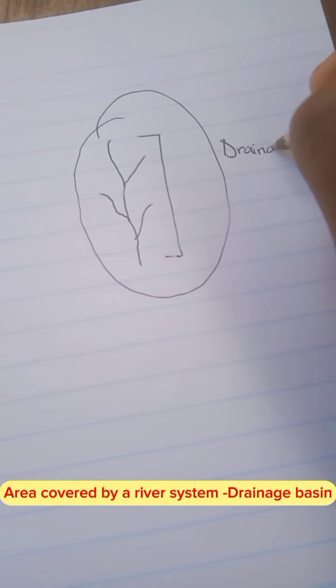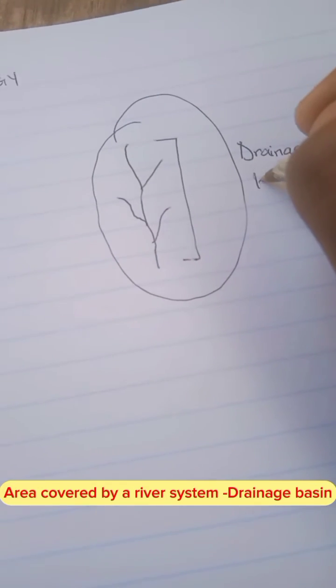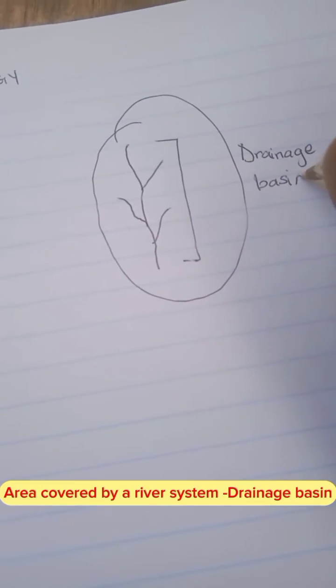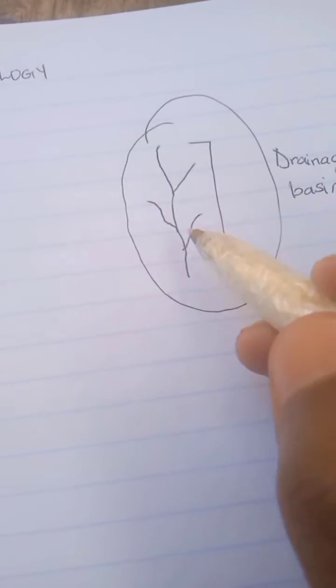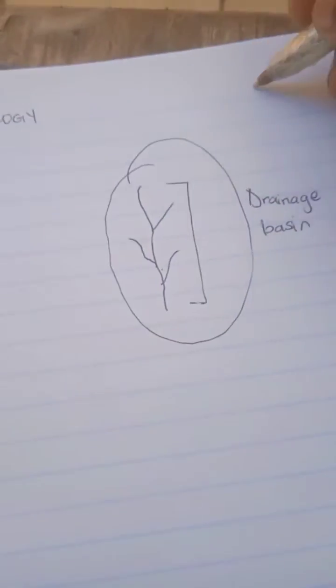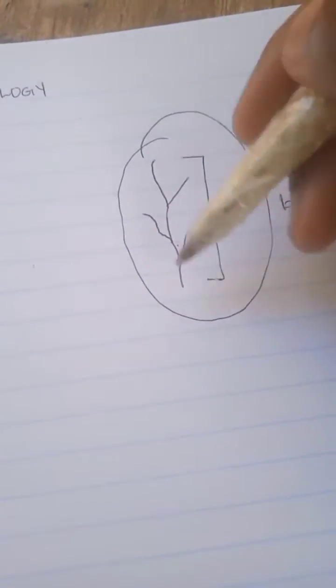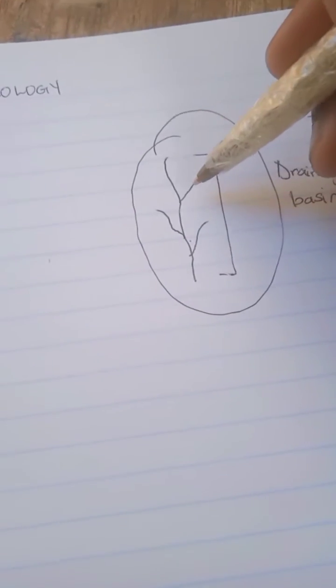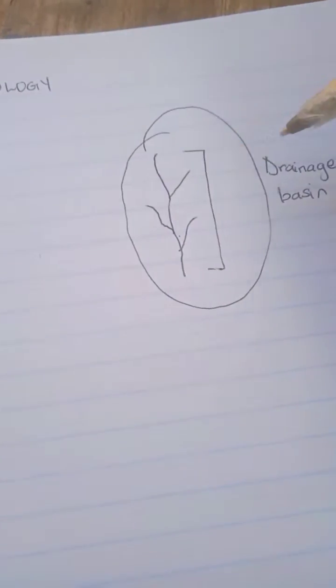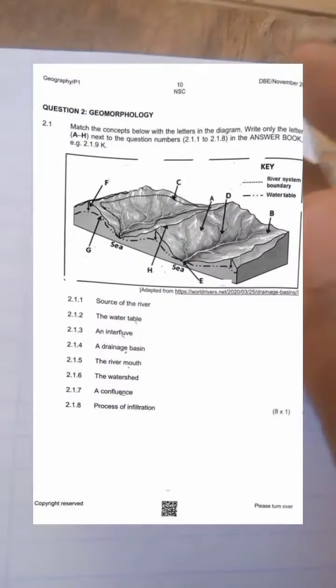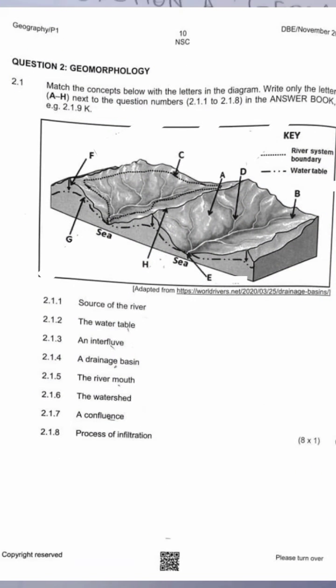Once you see a river system that is unique, that is not connected to another unique river system, then that is one drainage basin, or that area on which you have that river system is a drainage basin.